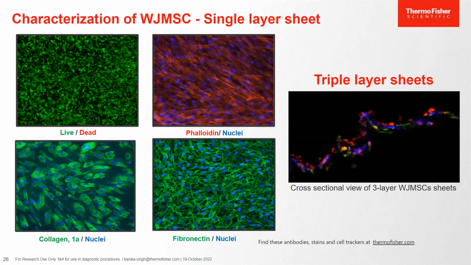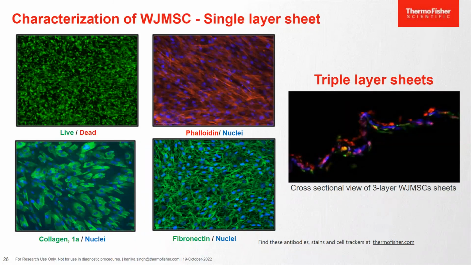In order to see the expression of ECM proteins, we stained them using collagen 1A antibody and fibronectin antibodies. So as you can see here, the expression of collagen 1A and fibronectin is there in the transferred sheet. So we also did phalloidin staining of the cell sheet, and here is the data.